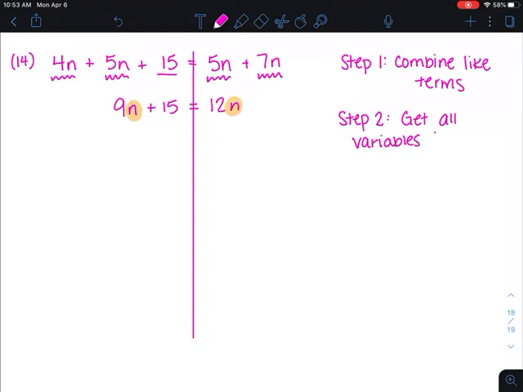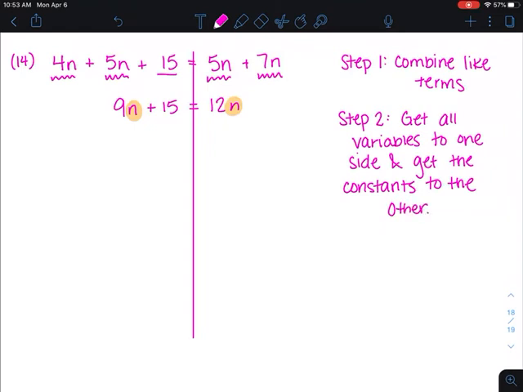So now we want to get the variables to one side, step 2, and get the constants to the other.